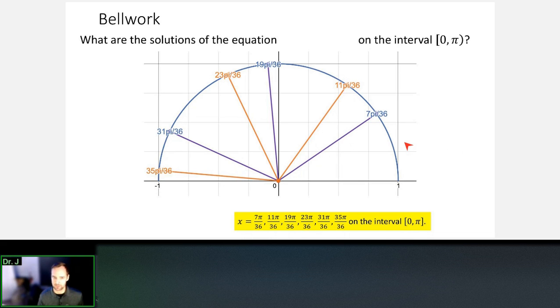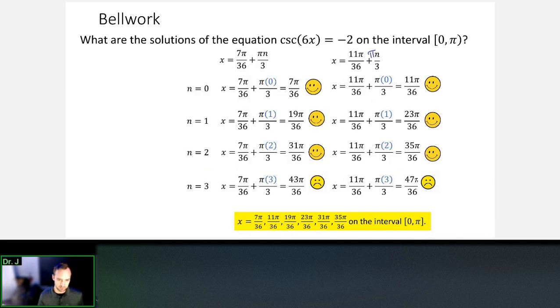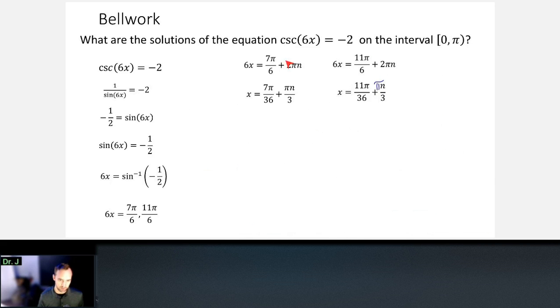If we're adding 2 pi each time, so we're not adding 2 pi. What we're doing, now that's part of the work. We have to do this for the general equation before dealing with this 6, because the 6 was originally inside the parentheses.